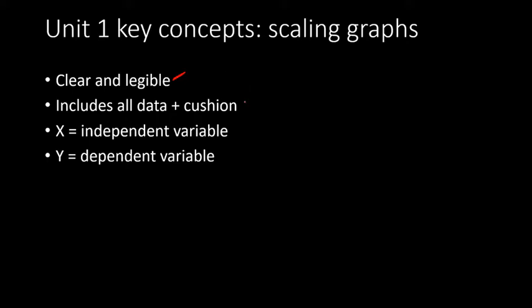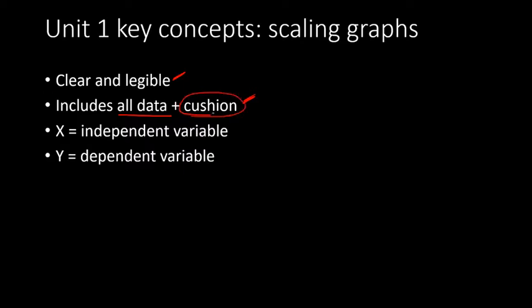A correct graph should also include all of your data, so if you've got data about x going from 0 to 20, 0 to 20 should be on that graph, and a little bit more. So you want your graph to include all of your data plus a little cushion.